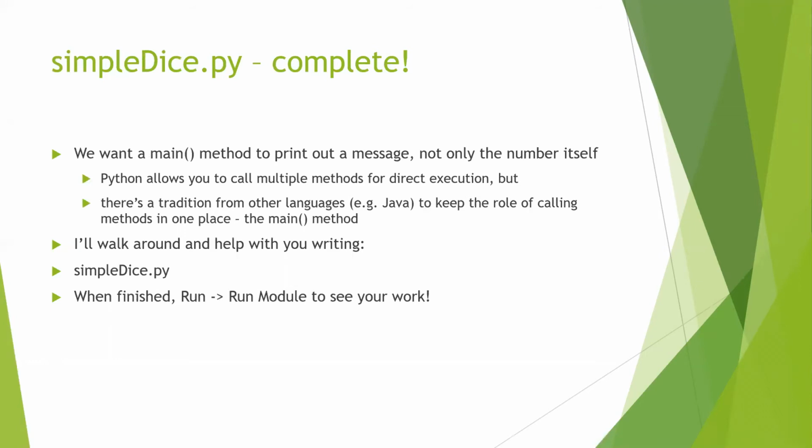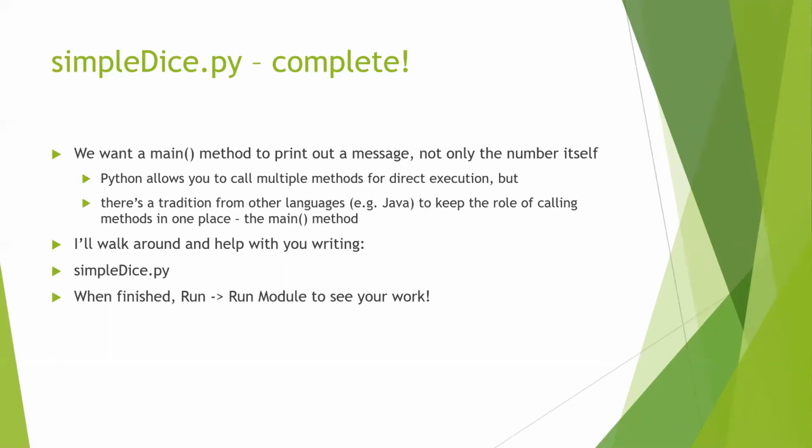The reason for having a main method, instead of just calling methods for direct execution at the very end, is that Python allows you to do that. It is okay, but there's a tradition from other languages like Java and C++ that you keep the rule of defining all the methods, like there will be 10, 20 as you become a better programmer.